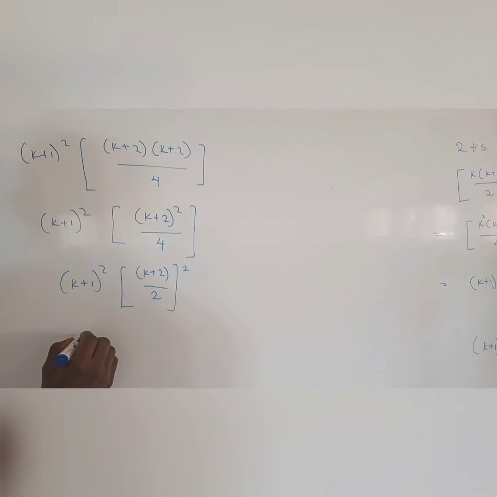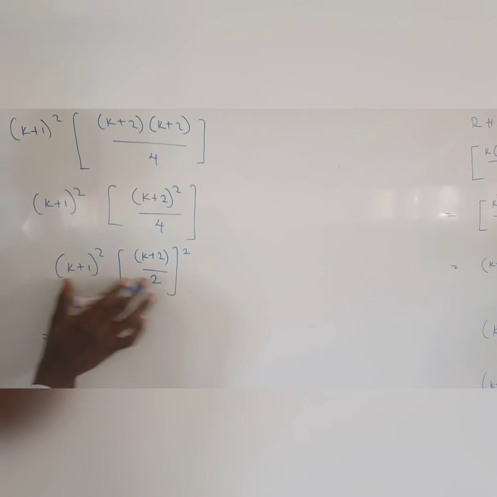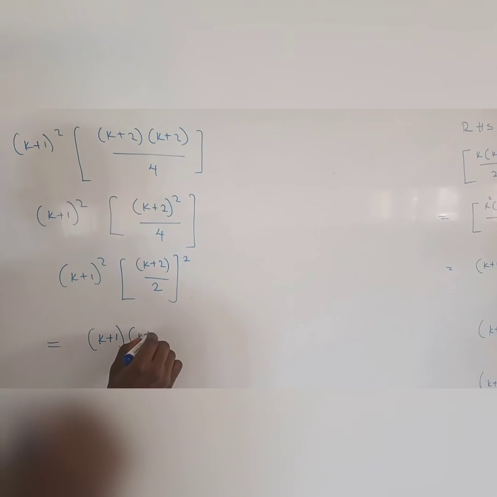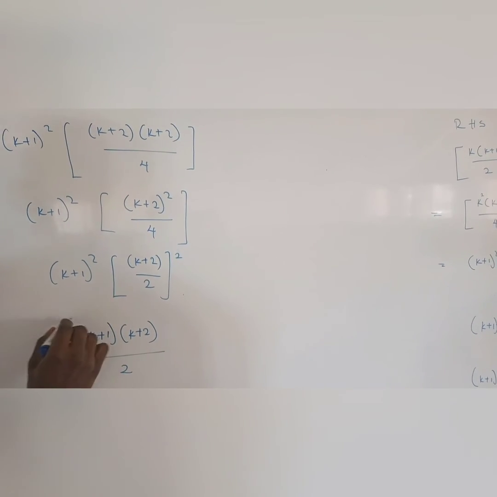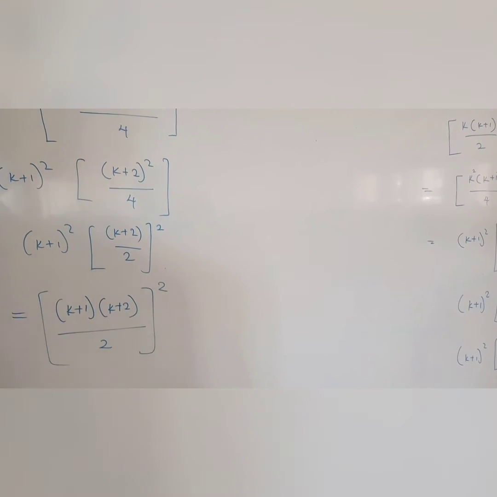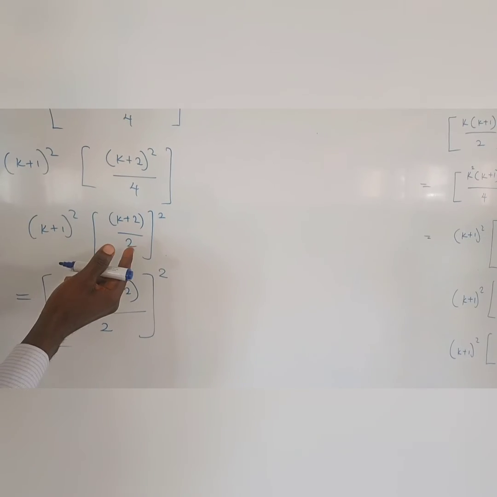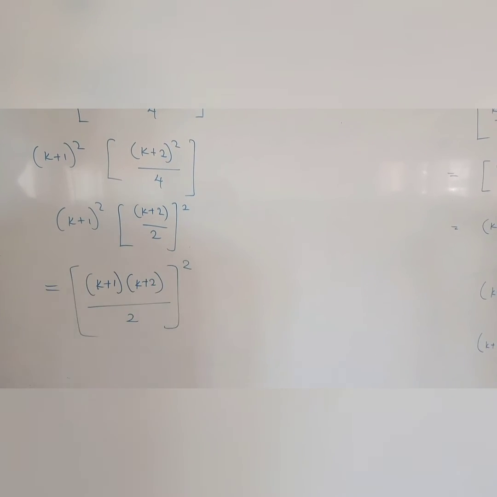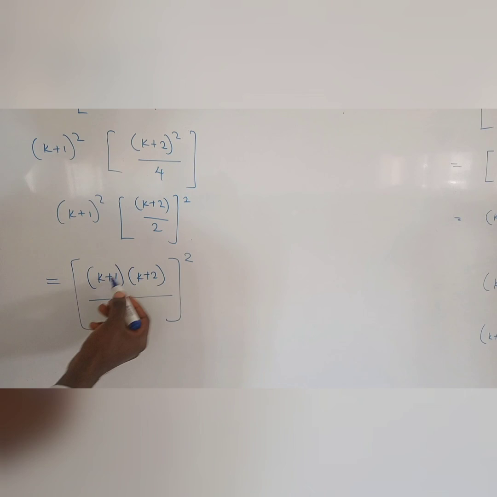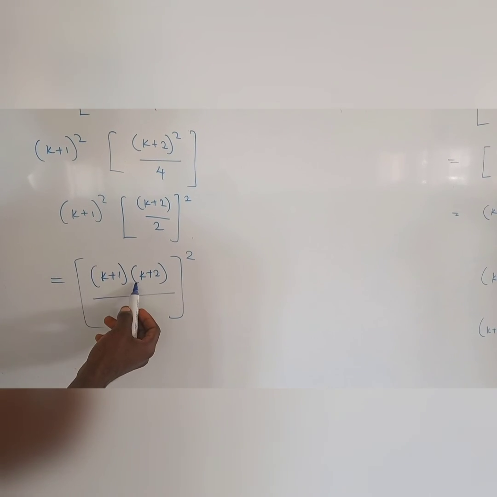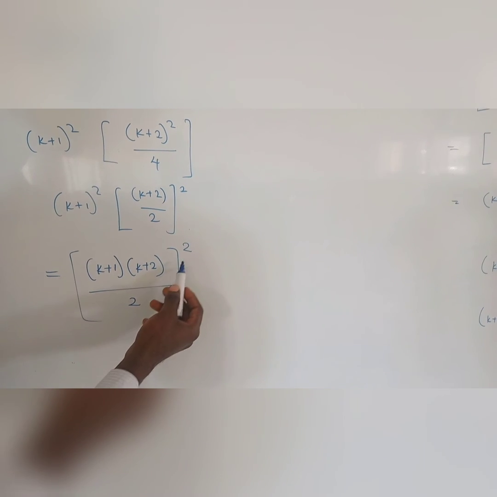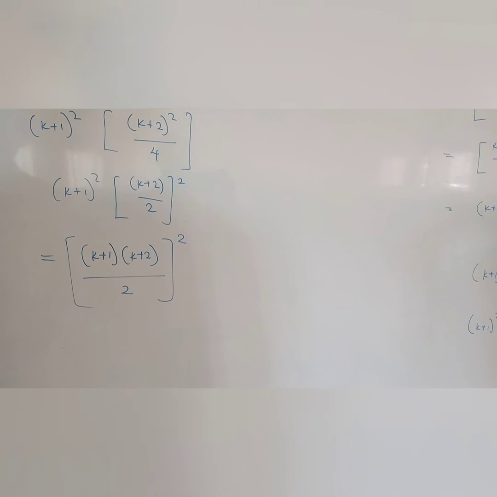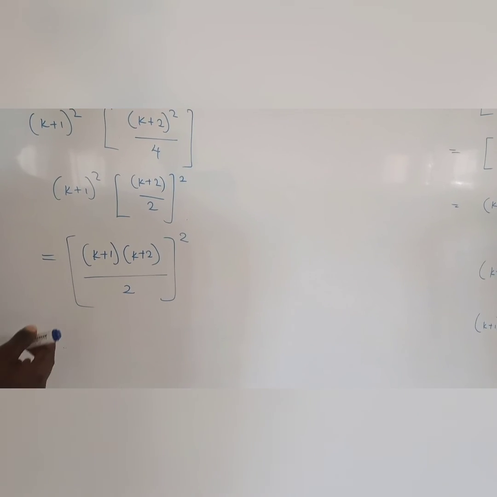Okay, and finally, putting all together, we'll have (k plus 1)(k plus 2) over 2, squared. Since this is having square, and this is also to the power of 2, we can bring them together and put the square together, so that this becomes (k plus 1) squared, and this is (k plus 2) squared, and this becomes 4. So we can see that the left hand side is equal to the right hand side, and this verifies that the statement is true.